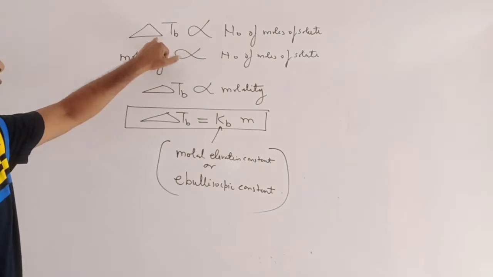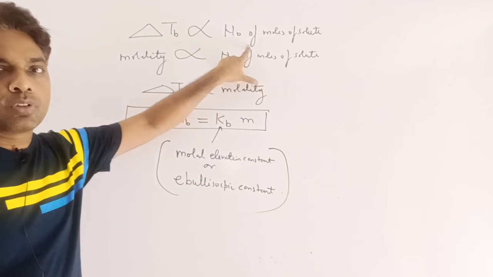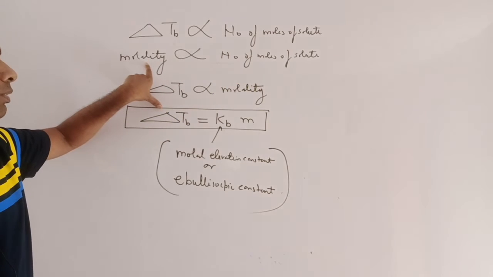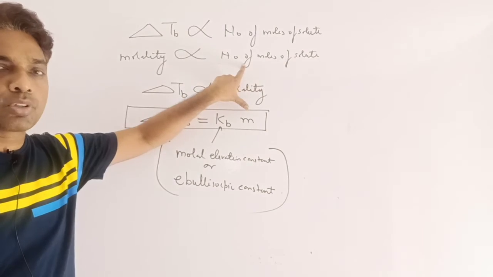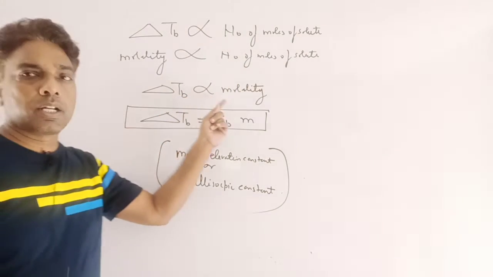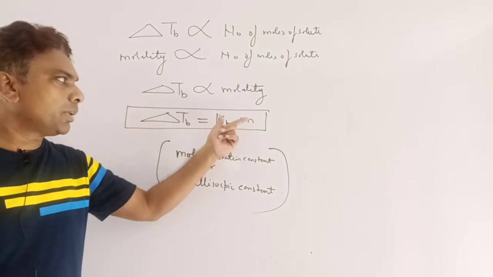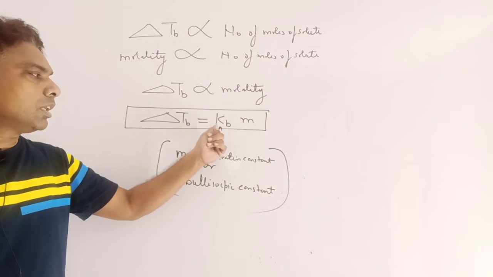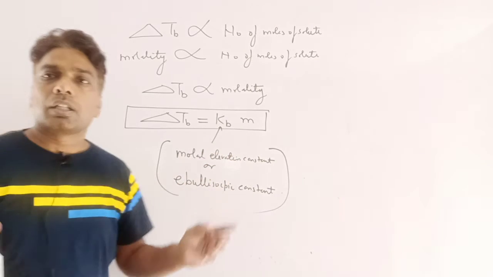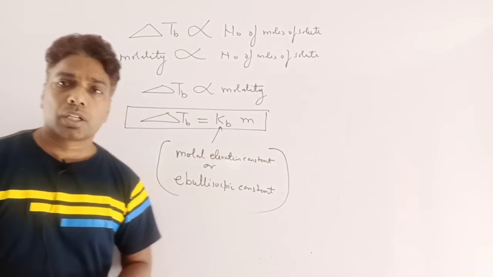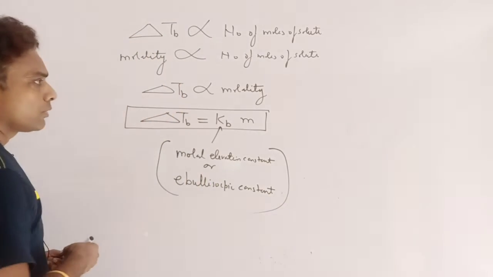Again, here delta Tb is directly proportional to the number of moles of solute, and molality is also directly proportional to the number of moles of solute. So delta Tb is directly proportional to molality, and delta Tb is equal to Kb into molality, where Kb is the molal elevation constant or ebullioscopic constant. The value of Kb depends upon the nature of the solvent.